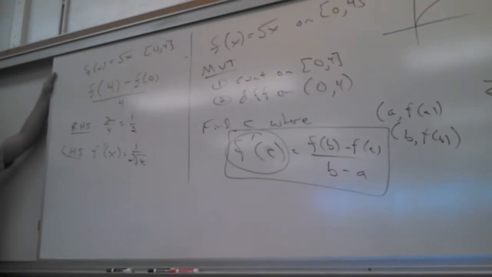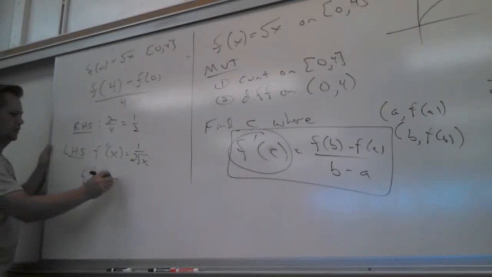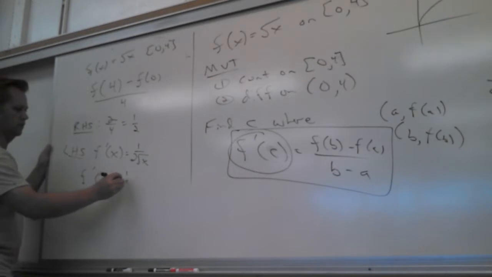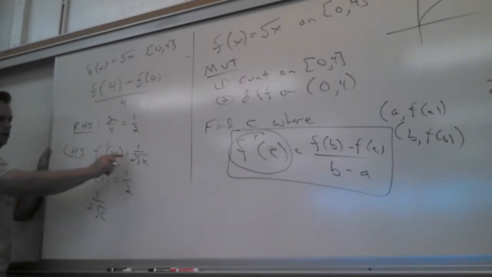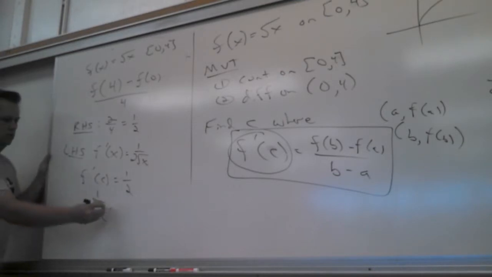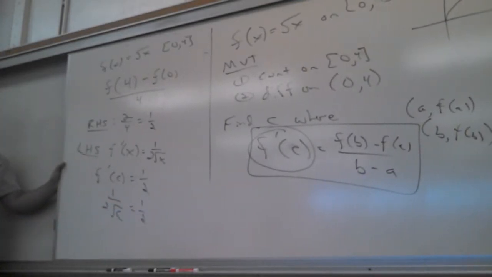All right. So just to be all official, I want f prime of c to equal the slope. So I want 1 over 2 rad c, plugging c into f prime, to equal 1/2. You should be able to solve that by sight. 1 over 2 times something is 1 over 2, so that something has to be 1 over rad c equals 1.